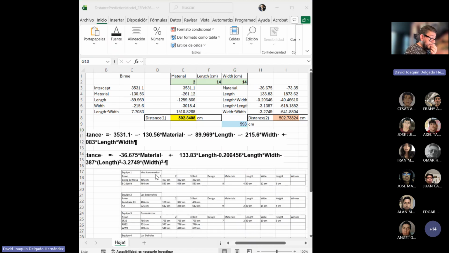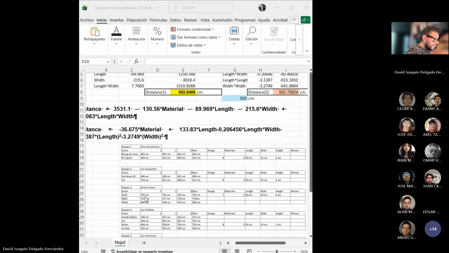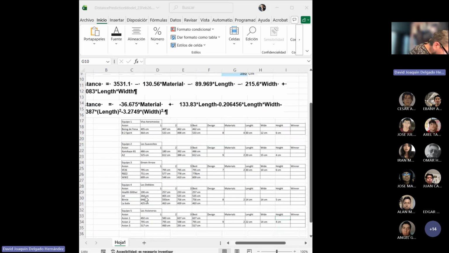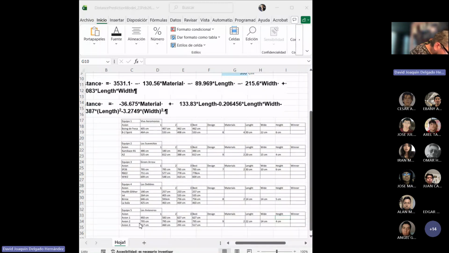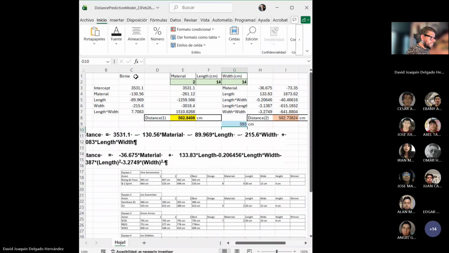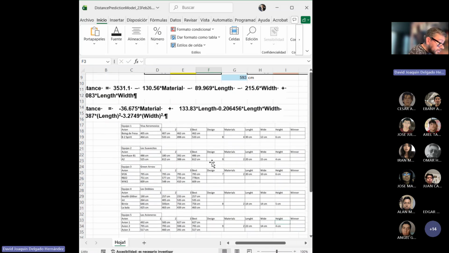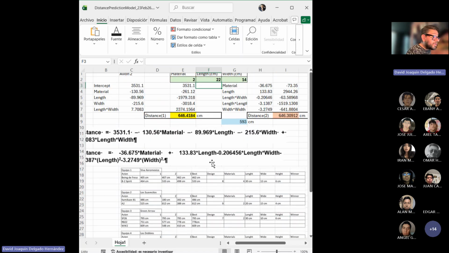Okay, and finally, the last, it is called Avión 2. The input is material 2, 22, and 14.